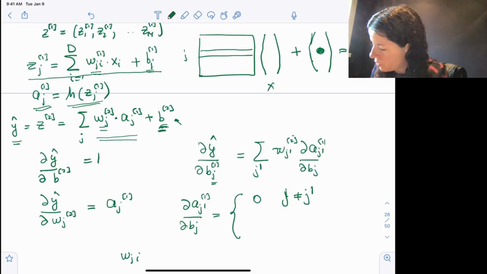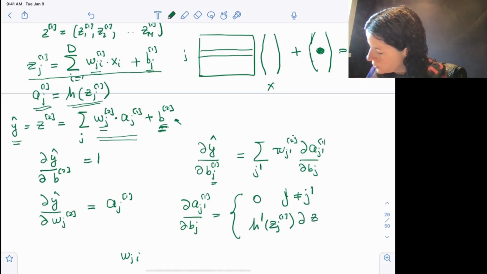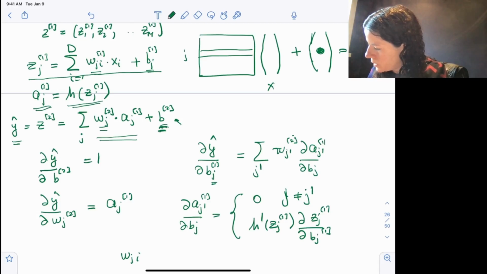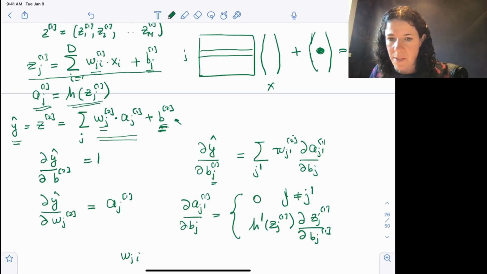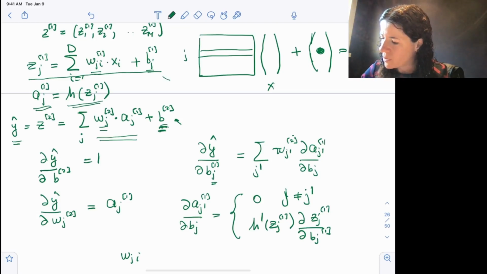Otherwise, what we have is that this is going to be h prime of z_j^(1) times dz_j^(1)/db_j^(1). So what is dz_j^(1)/db_j^(1)? That is basically just 1, because of the equation here.